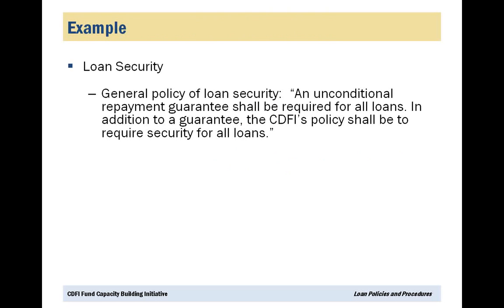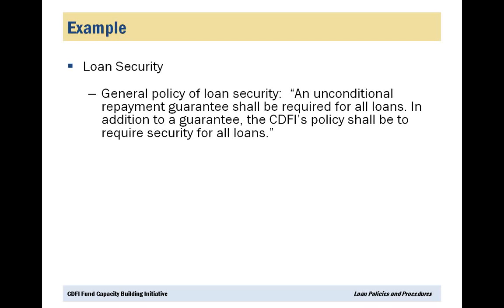Okay, item number 7, element 7, guidelines for taking, evaluating, perfecting loan collateral. And this is an interesting area because collateral and appraisals, this is an area where the unregulated CDFIs really differentiate themselves from the regulated lending institutions, because we can really be more flexible in our security and collateral requirements.